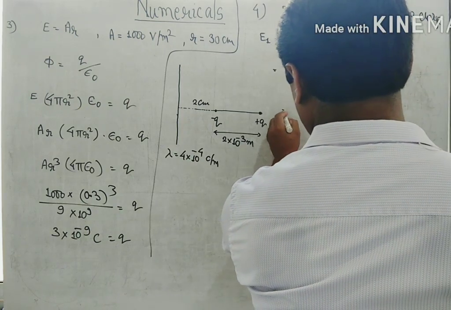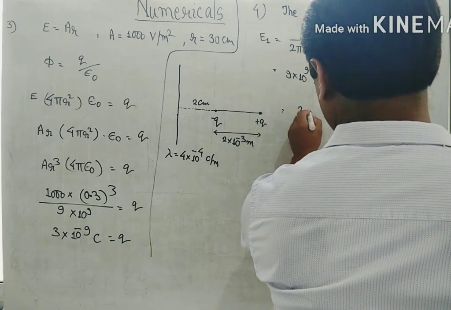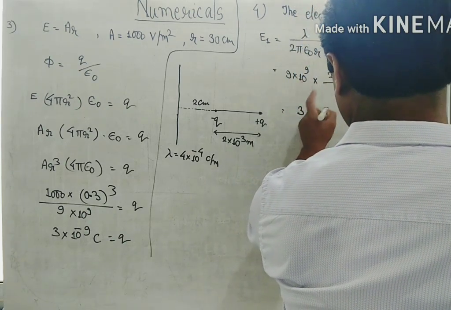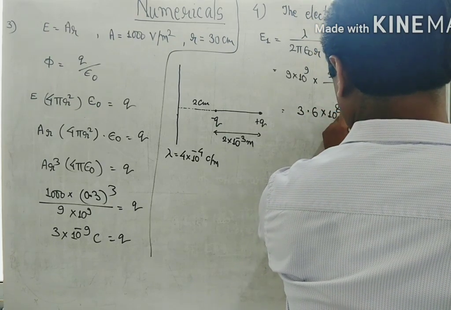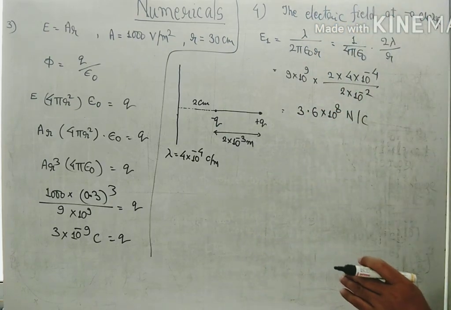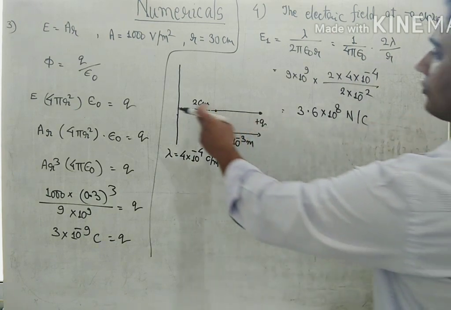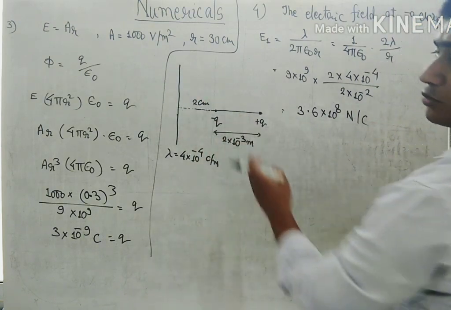Students, when you solve it, you'll get approximately 3.6 into 10 power 8 Newton per Coulomb. This is the electric field intensity due to this line charge at this position.